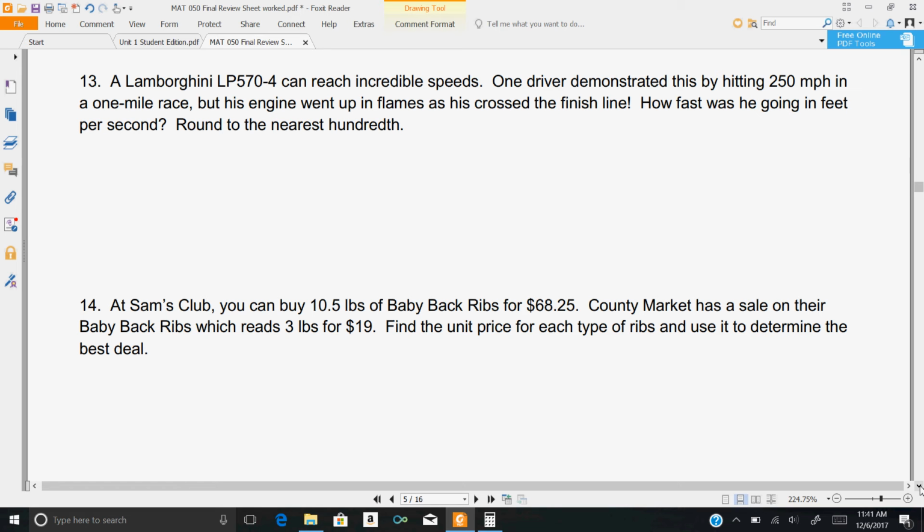I'm going to think about this. I need to change miles to feet, and I need to change hours to seconds. And I'm going to do that this way. I'm going to write my 250, and I'm going to say MI.